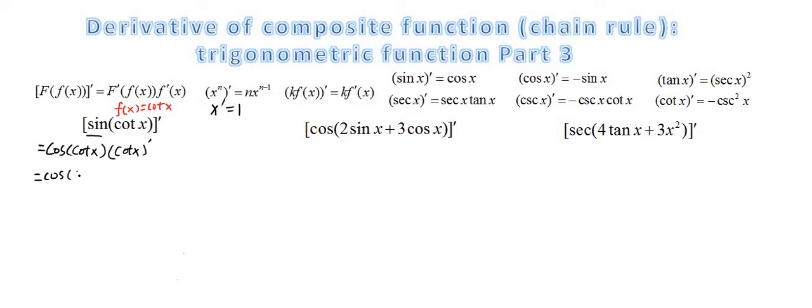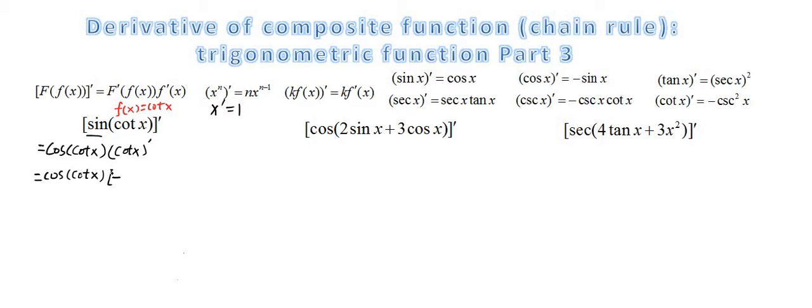And now we can evaluate the derivative of cotangent x. That is negative cosecant x squared, right?